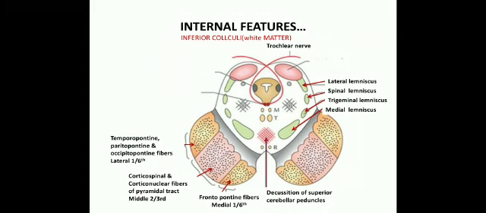Then the decussation of the superior cerebellar peduncle is seen in the median plane. And the medial longitudinal bundle lies in close relation to the trochlear nucleus. The tectospinal tract and the rubrospinal tract are also present, which are represented by T and R.